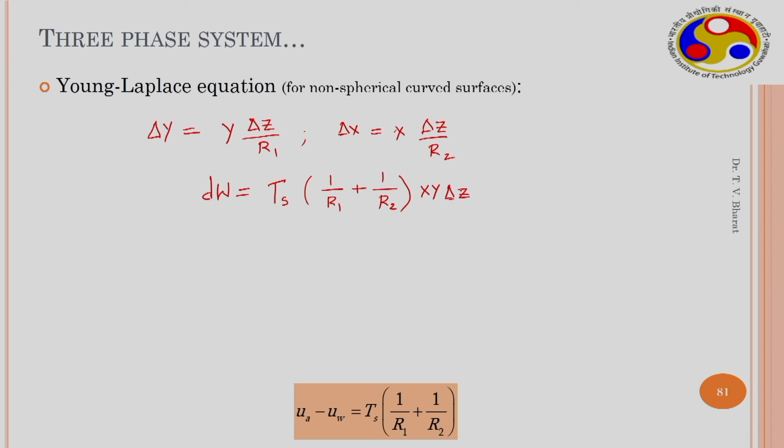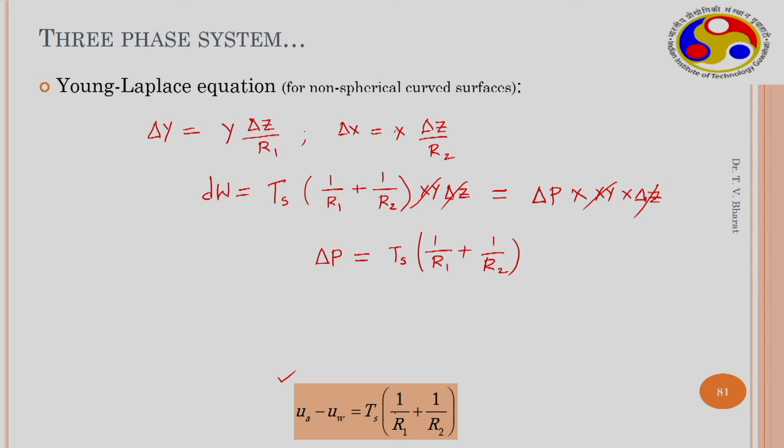When you equate this to the work done due to the pressure drop, there is a delta P times xy times delta z. Then delta z and xy get cancelled, so the pressure drop across the interface is equal to Ts times (1 by R1 plus 1 by R2). So this is the expression.